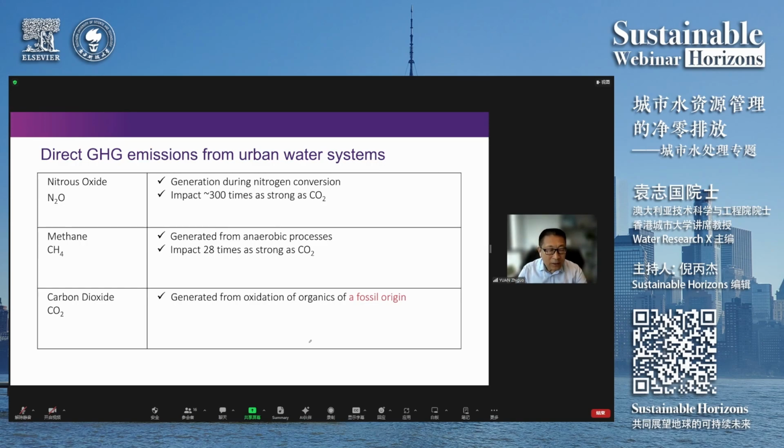The other one is from chemicals that customers use, for example, in their household activities. Some of those chemicals are produced from fossil carbon, and if you oxidize that to CO2 and that CO2 is emitted, that is your direct emission. So three types of direct emissions, and they are called fugitive emissions.